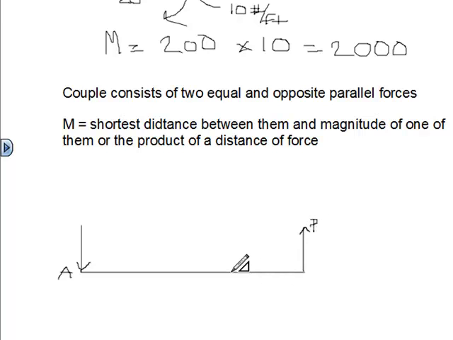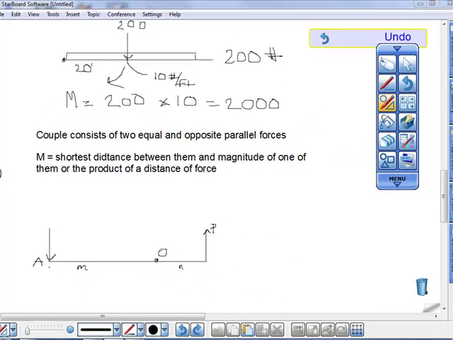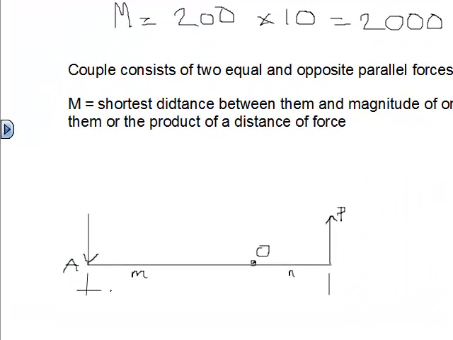We have a point in the middle called O. And then we have distances m and n, and a total distance of S.